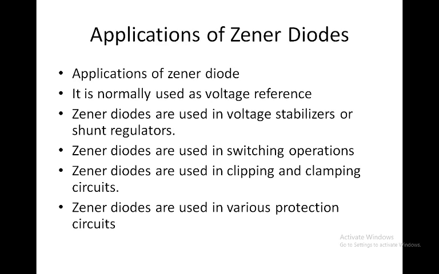The applications of Zener diodes are as listed here. It is normally used as a voltage reference. Zener diodes are also used in voltage stabilizers or as shunt regulators. You may want a voltage regulator, like in your charger for instance.